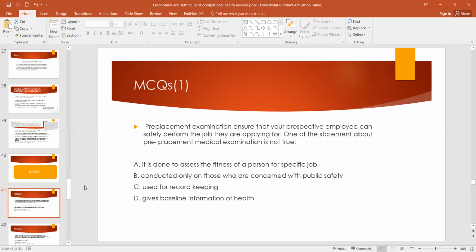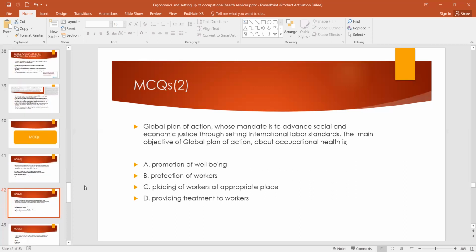It is done to assess the fitness of a person for a specific job; conducted only on those who are concerned with public safety; used for record keeping; gives baseline information of health. B is the right answer because all other statements are included in pre-placement examination.